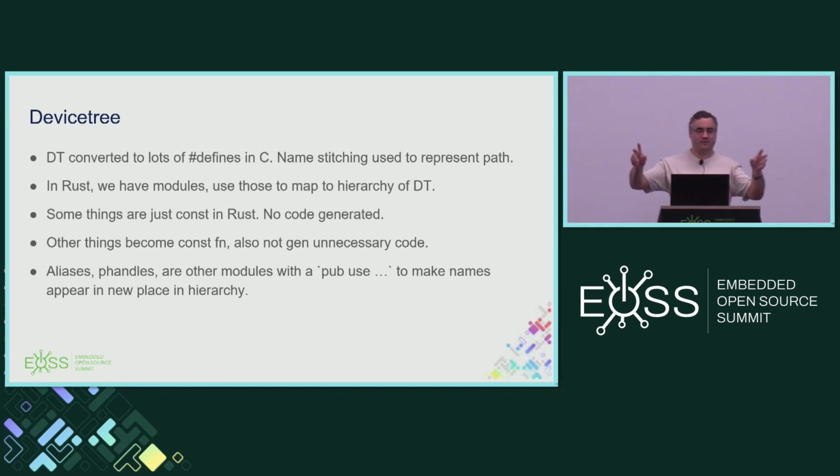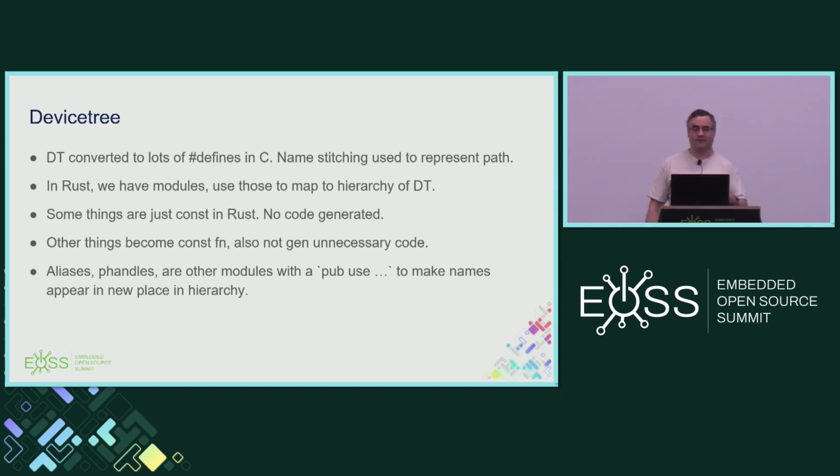So the device tree is a tree. That shouldn't be surprising. And we stitch the node names together with conventions, kind of similar to how you might make variable names in a language like Rust or C++, where you have modules, but the linker needs to see them.